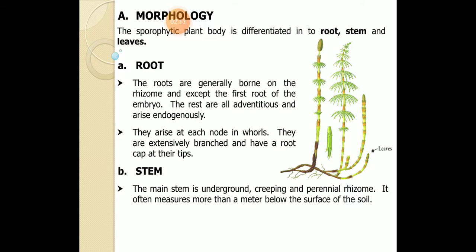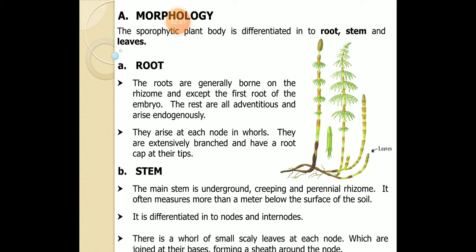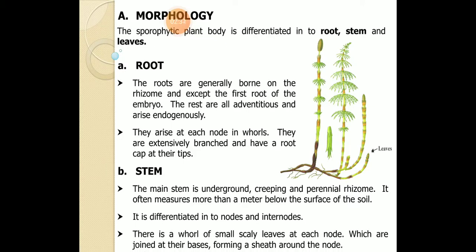That's why the base portion of the stem is creeping and present inside the soil or sand. It is creeping and perennial, sometimes more than 1 meter in length below the soil, and it consists of the upper shoot with nodes and internodal regions. The gap between two nodal regions is called the internodal region.